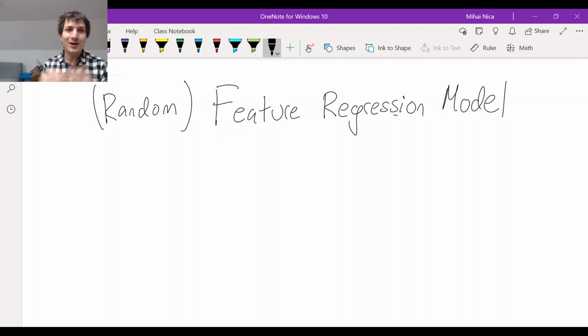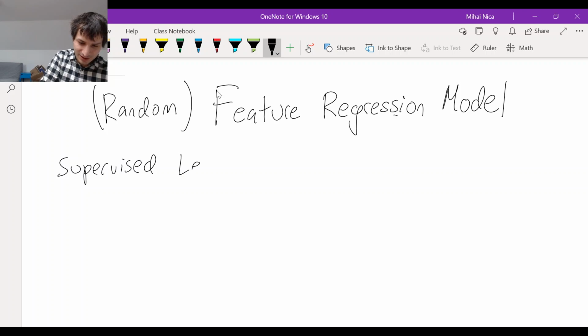Okay, so what is the model? What are we trying to do here? I'll start by saying what world we're living in. We're living in the supervised learning world. So imagine we're doing a supervised learning situation, and I want you to imagine that we have a bunch of training points.